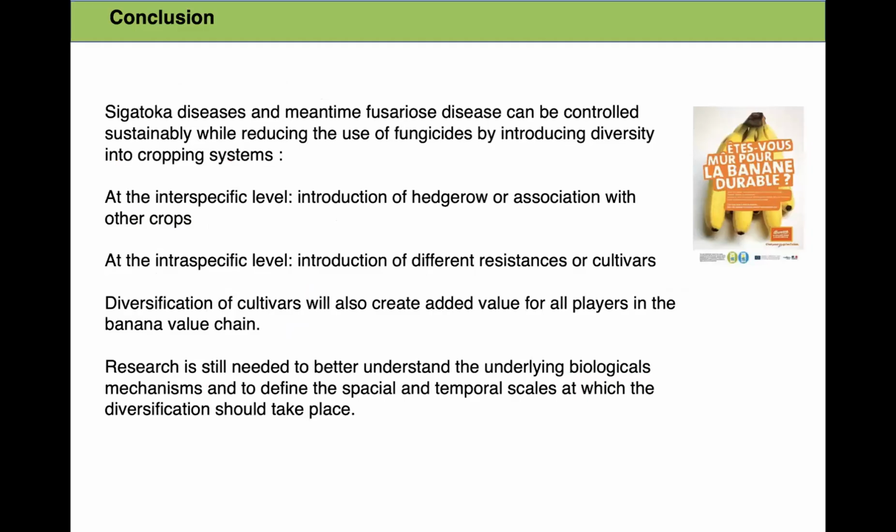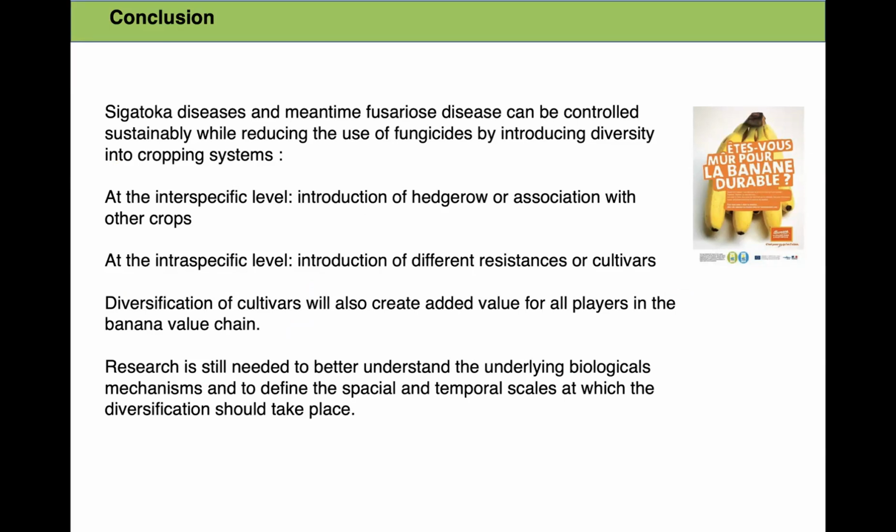To conclude, I would say that Sigatoka disease and, at the same time, Fusarium disease can be controlled sustainably while reducing the use of fungicide by introducing diversity in cropping systems at two different levels: at the interspecific level, with the introduction of hedgerows or association with other crops, and at the intraspecific level, with the introduction of different resistances or cultivars.